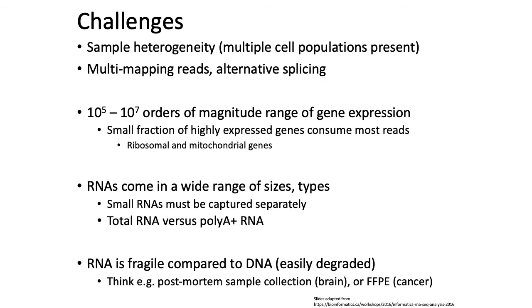Also, alternative splicing turns out to be a pretty big problem because currently the vast majority of RNA sequencing experiments are still done with short read sequencing. Especially if you have genes with a large number of exons, it can be hard to quantify individual isoform level expression because your reads are short. At most your reads might only span one junction, so it's impossible to distinguish expression of isoforms from genes with many, many exons.